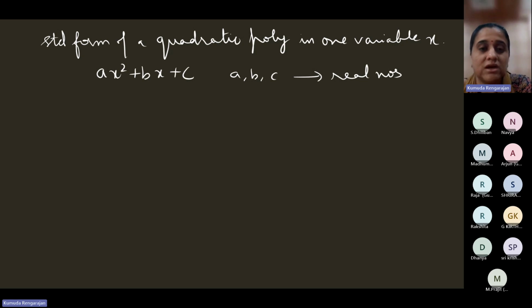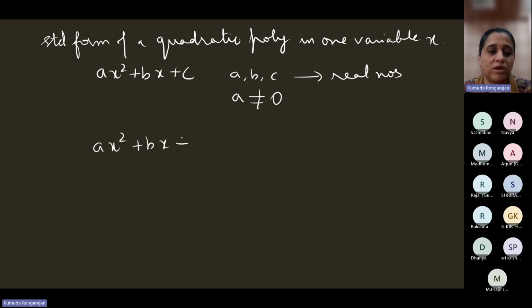If a is 0, then it is 0x square, there is no x square at all, and it will cease to be a quadratic polynomial. That is why the important condition here is that the coefficient of x square, that is a, should not be 0. Now, when you equate this quadratic polynomial to 0, it's called a quadratic equation.